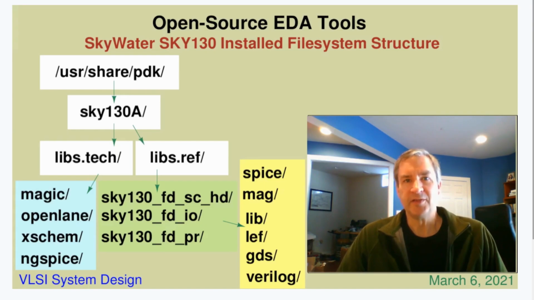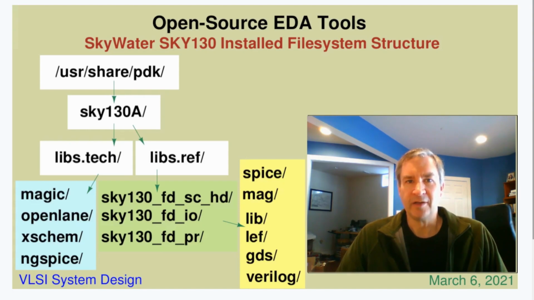Each library has its own set of subdirectories, which are named after file formats. So spice for SPICE netlists, mag for Magic .mag files, lib for Liberty .lib timing files, lef for LEF format files, gds for GDS format files, and so forth. The subdirectories of the tools are very much tool dependent, so it varies according to the needs of the tool.